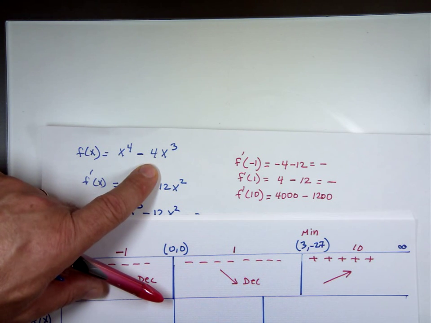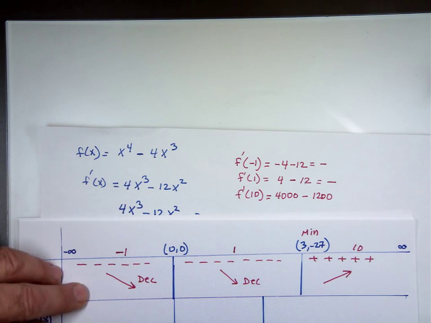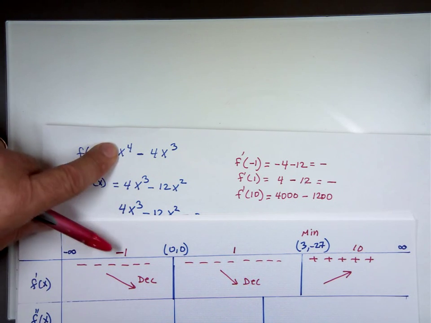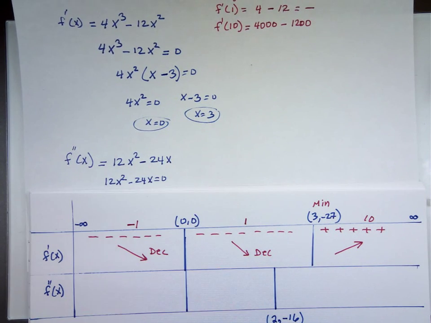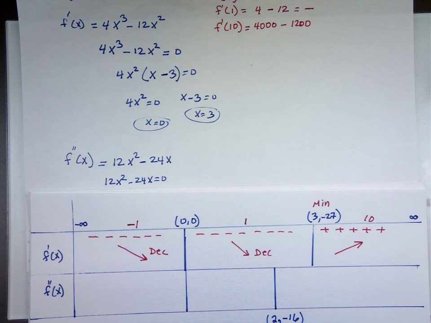Is that negative 16? So that's the y value for it. And now let's take a test point in each one of these segments and test it into the second derivative. So less than 0, you want to stick with minus 1 still? Between 0 and 2, 1. More than the 2, 10, okay.